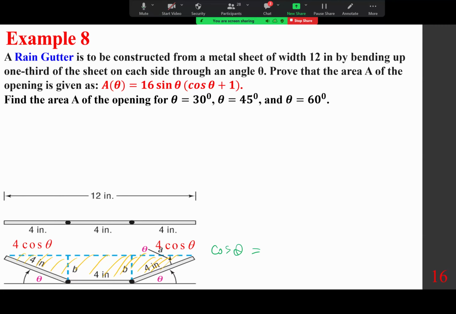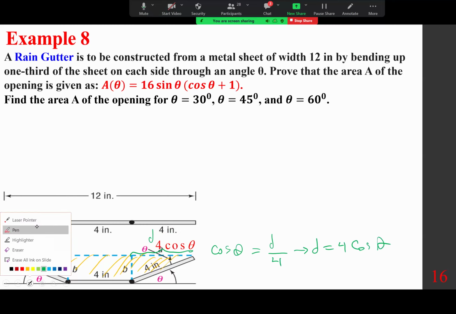Cosine theta is the adjacent, this distance I'm going to call d, over the hypotenuse, which is 4 inches. Therefore, d is 4 cosine theta. So that's a proof. I hope everybody can see that.